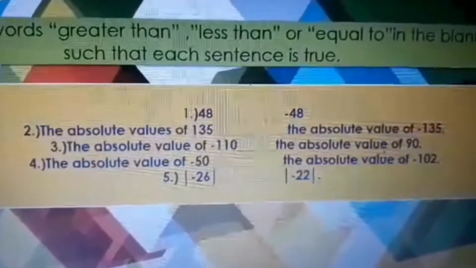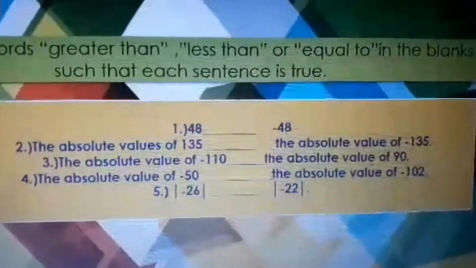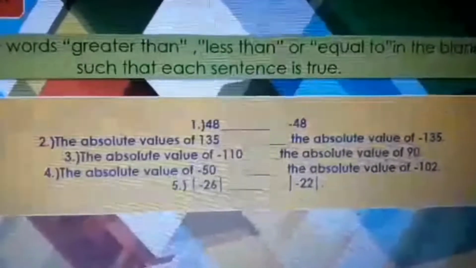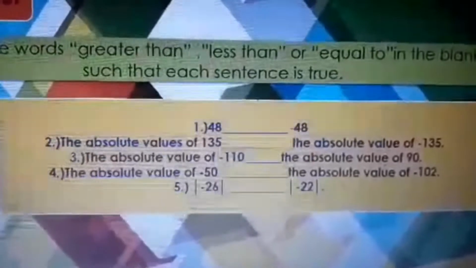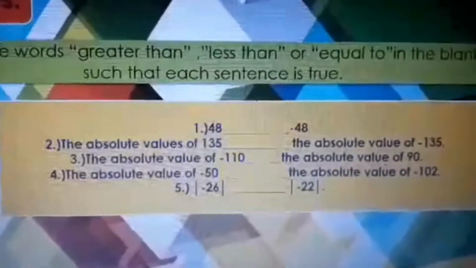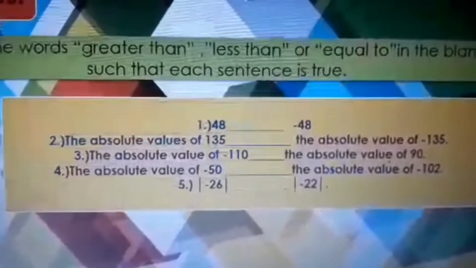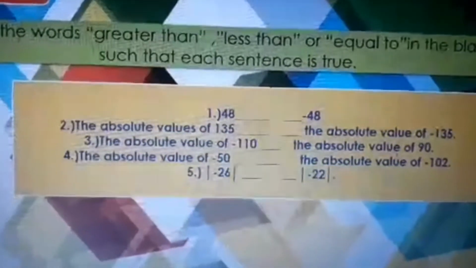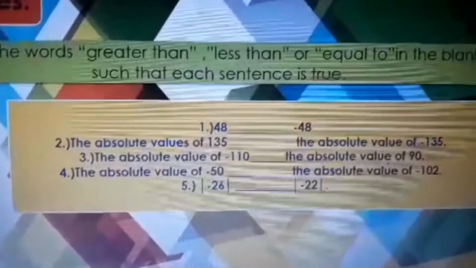Number 2, the absolute value of 135 blank the absolute value of negative 135. Number 3, the absolute value of negative 110 is blank the absolute value of 90. Number 4, the absolute value of negative 50 blank the absolute value of negative 102. Number 5, the absolute value of negative 26 blank the absolute value of negative 22.